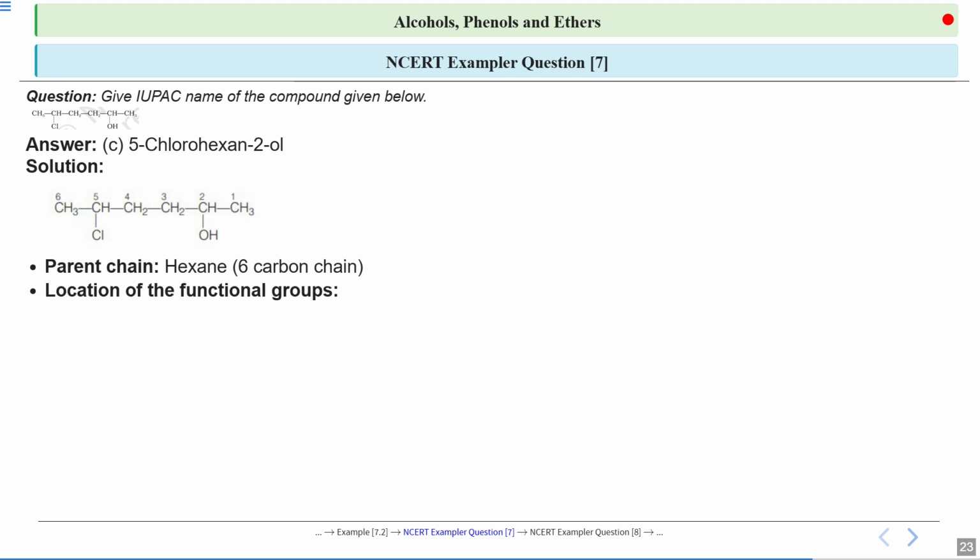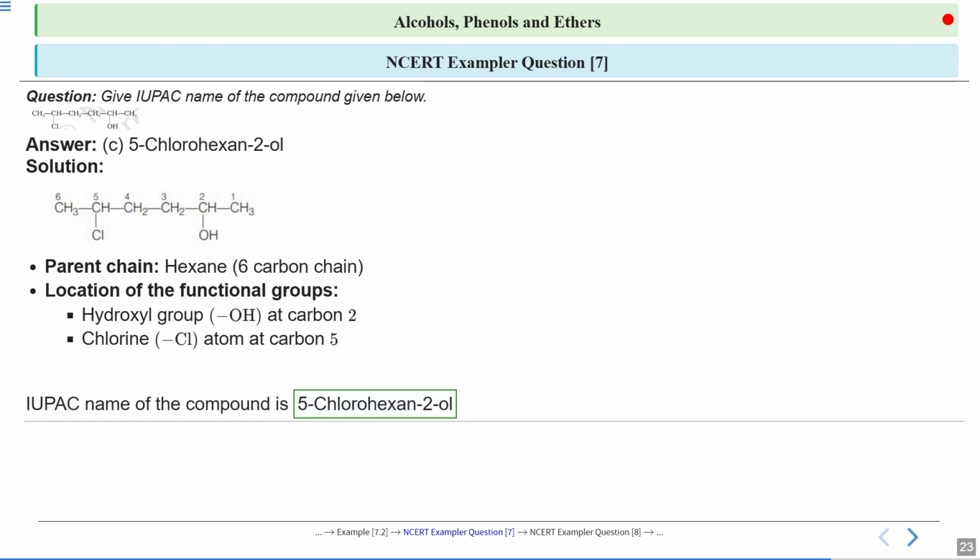We have the hydroxyl group at the second carbon and a chlorine atom at the 5th carbon. So the IUPAC name will be, first of all, the substituent names in alphabetical order, so 5-chloro, then the word root hex, then the primary suffix ane, and then the secondary suffix 2-ol. So this is the IUPAC name and hence our correct answer is option C.